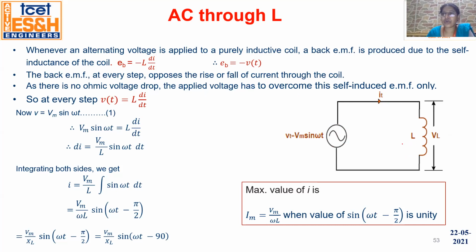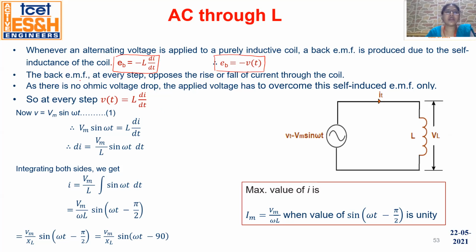Due to the self-inductance in the coil, there is an EMF which is opposite to the supplied voltage. So see here, this is the self-inductance of the coil. EB is equal to minus L di by dt. Now this E is just opposite to the supply voltage as per Lenz's law.